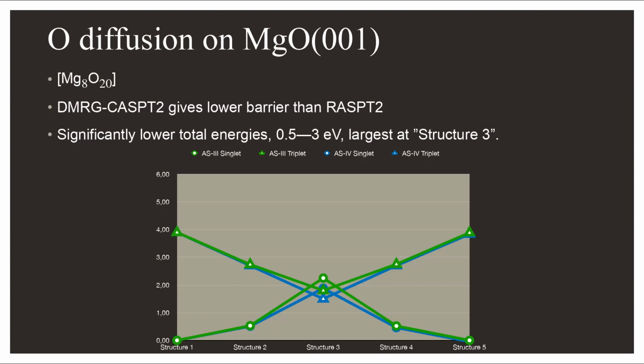You actually see a lowering in total energies at around 3 electron volts, comparing these points here, where the lowering is 0.5 electron volts. So DMRG seems to be very important to get a good description of this reaction. Maybe you should throw in some other orbitals, but yeah, you need to use a pretty annoying active space.